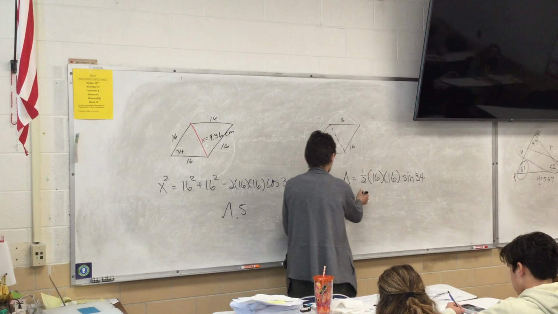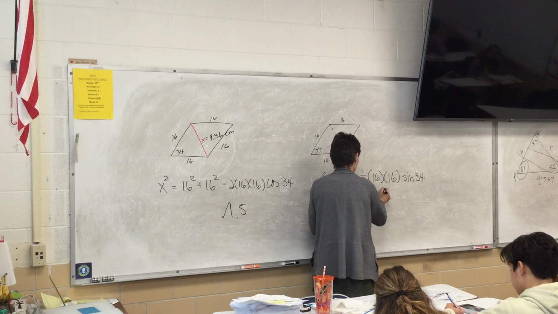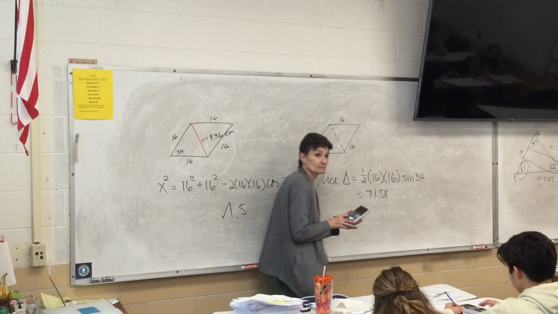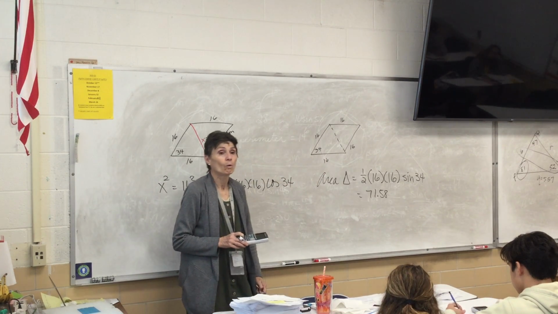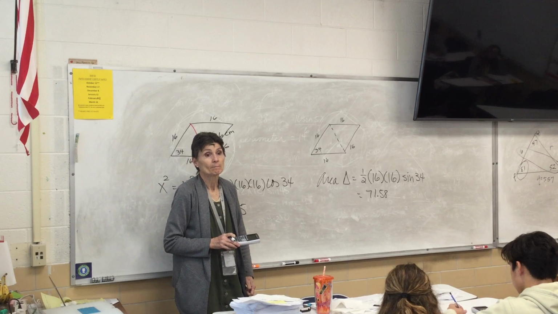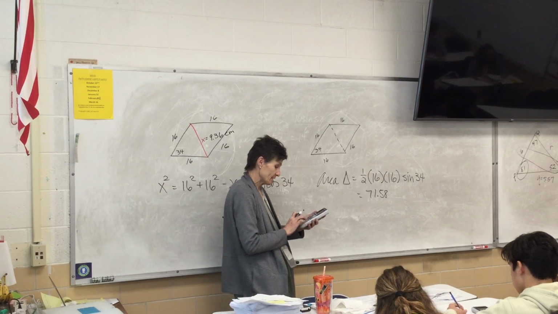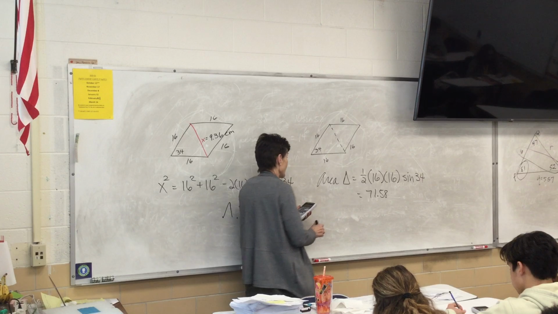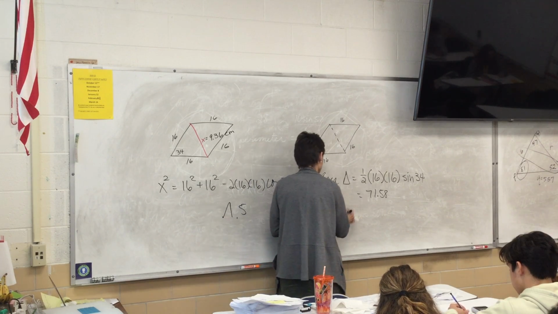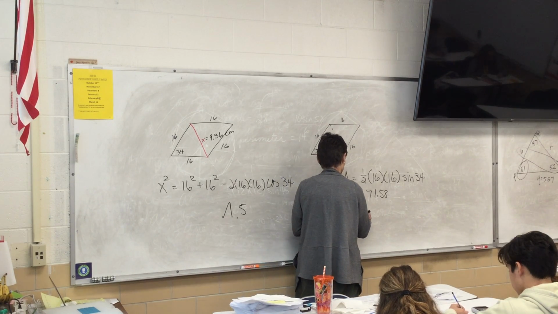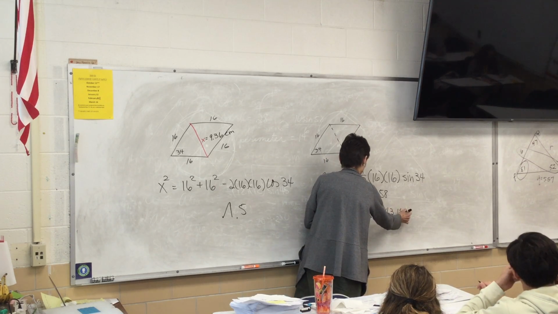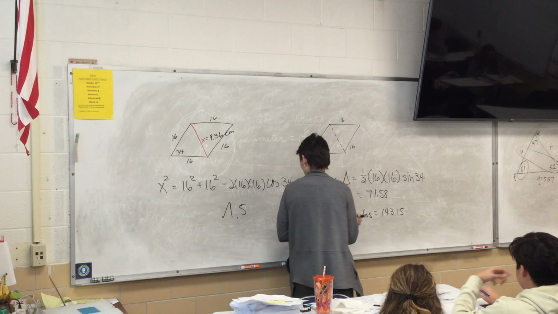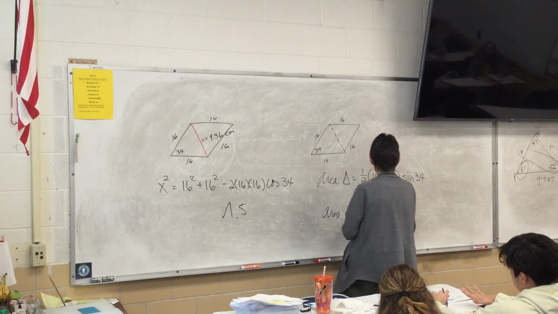I got, for the area of the triangle, I got 71.58. Okay? How do I get the area of the whole rhombus? You multiply it by 2. That's it. So just times 2. And the area of the rhombus is 143.15 square centimeters.